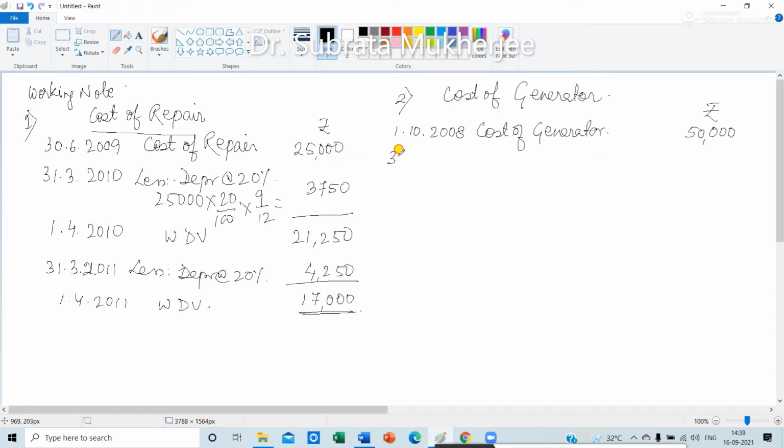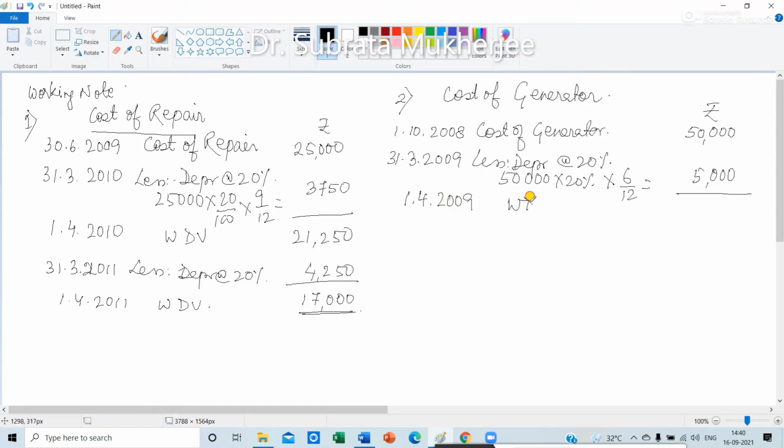Now on 31st March 2009, less depreciation at the rate 20%. So this will be 50,000 into 20% into 6 by 12. So depreciation will be charged for 6 months. So that is 5,000. So 45,000 is the written down value on 1st April 2009.